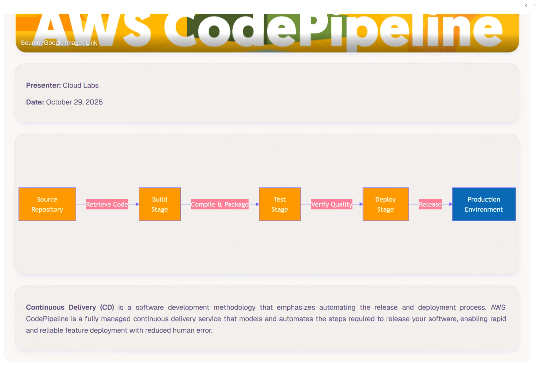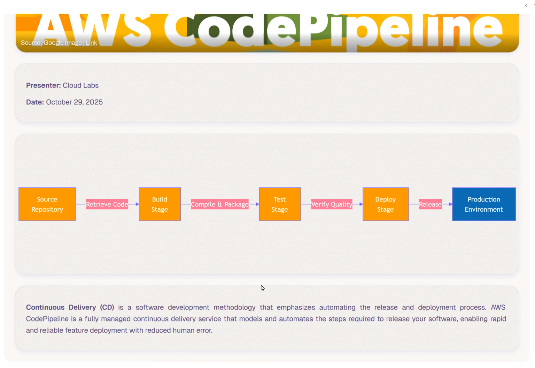You start from scratch, coding in a source repository like GitHub, and then it goes to the build stage, then compiling and packaging, then a test stage in a pre-production environment, then the deploy stage, maybe blue-green deployment testing, and once everything works fine, it goes to the production environment. That is what we are talking about in AWS CodePipeline.